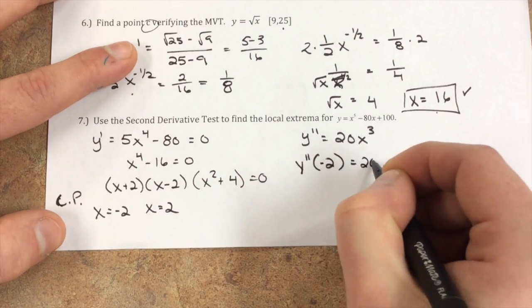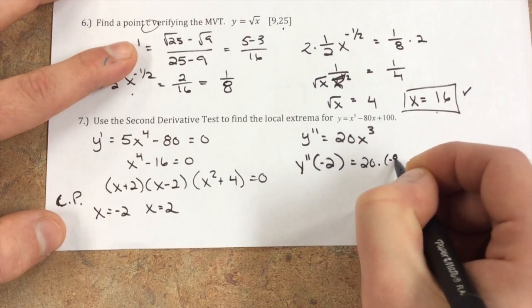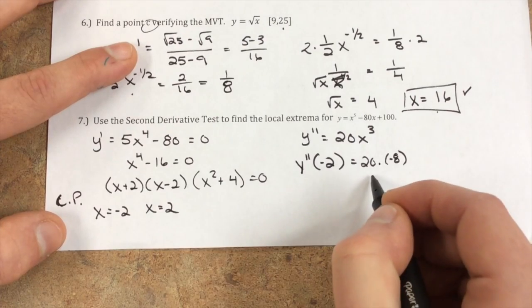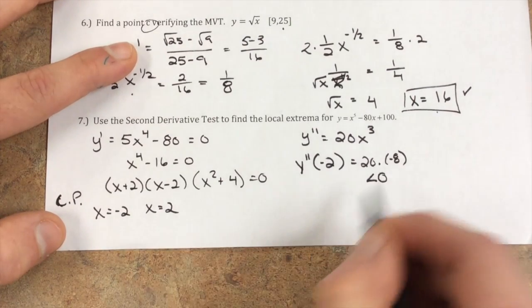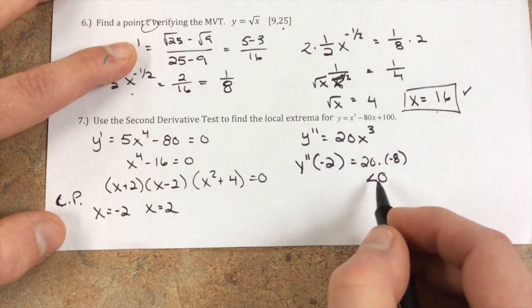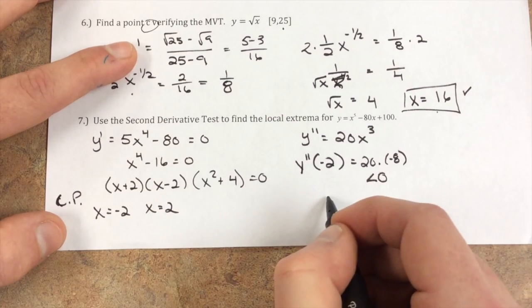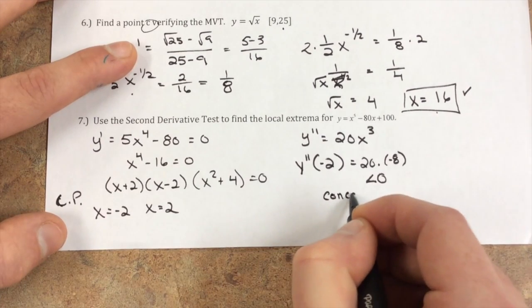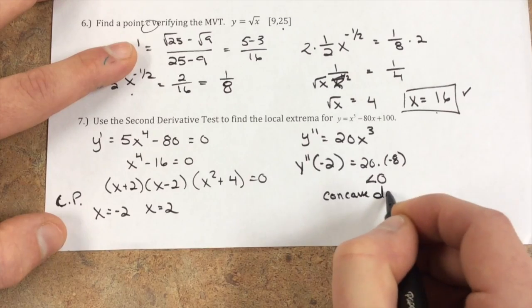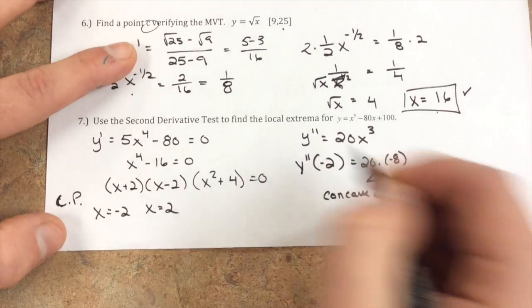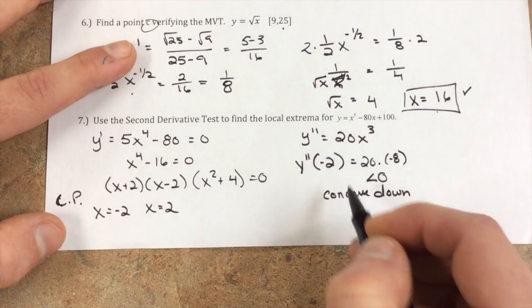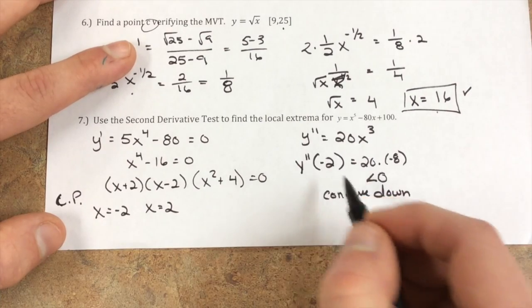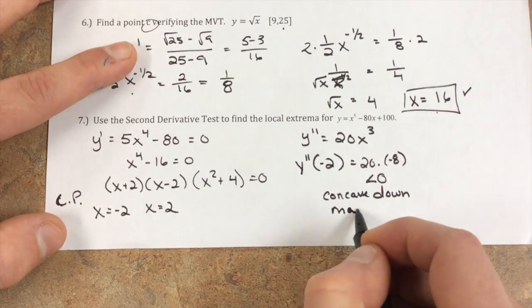So I have 20 times negative 8. Whatever that comes out to be, that's less than 0. That's a negative number. Because that's a negative number, that means I am concave down. Negative means a frown, so it goes down. That means at negative 2, it's a max.